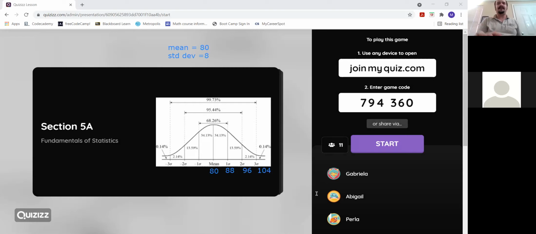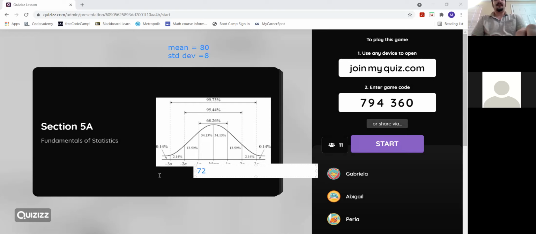So we go up 8 each time, and we would go down 8 each time. 72, I think, would be this one. 72 minus 8 is 64. And minus 8 again is 56 or something.